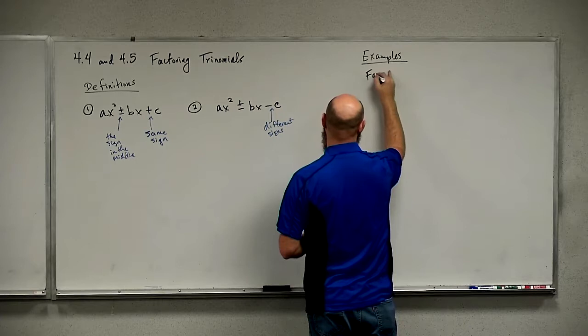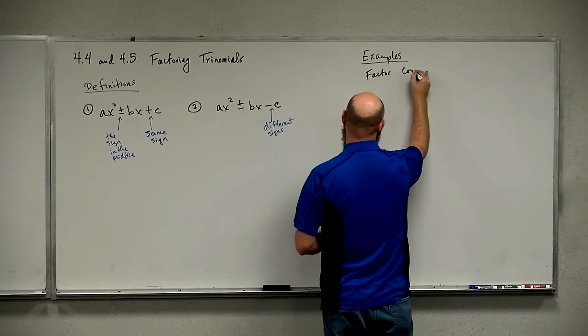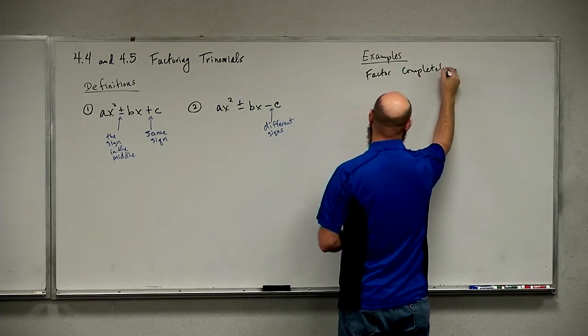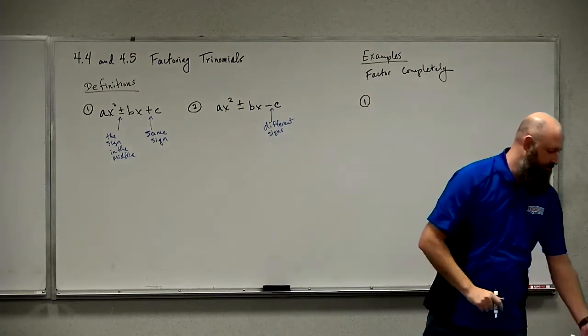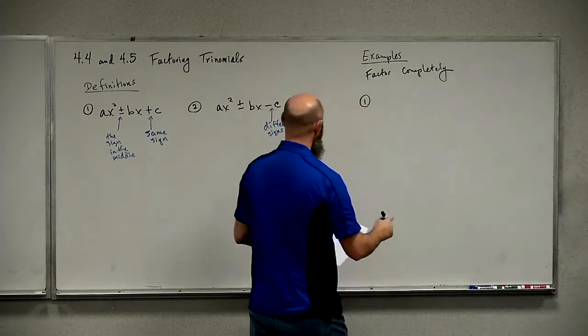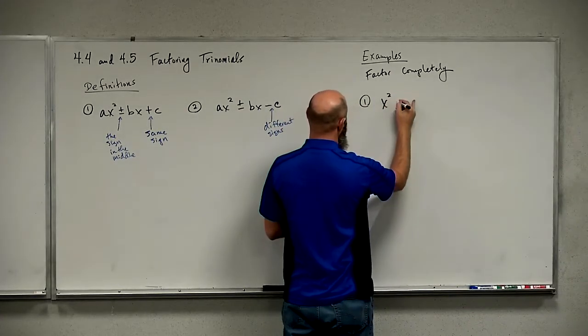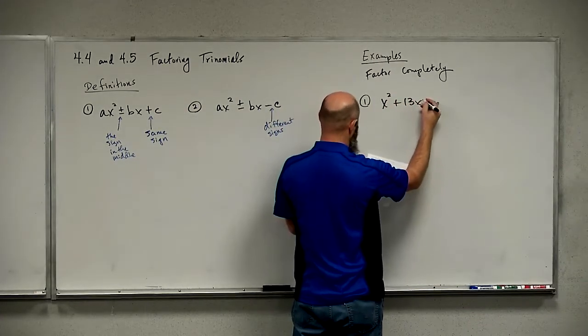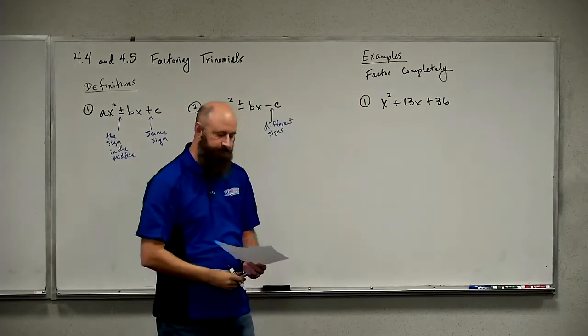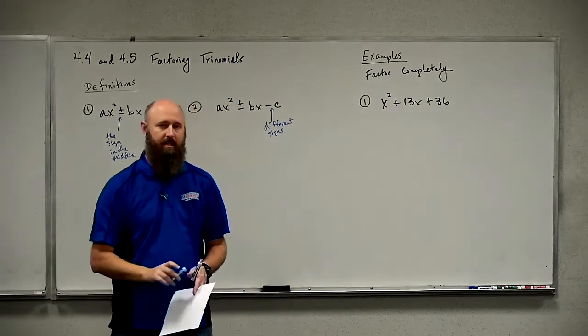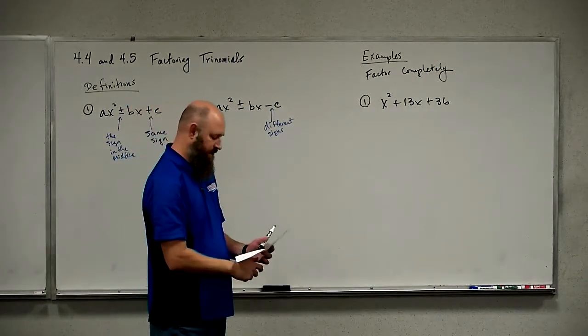So we're going to factor completely. Number one. X squared plus 13x plus 36.